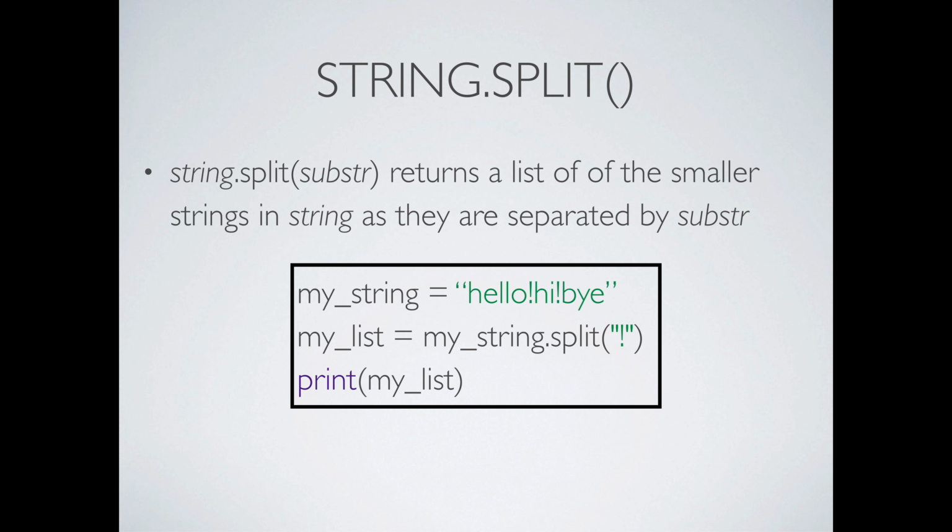Then, if you have multiple pieces of data on the same line, maybe separated by a comma, like in a comma separated value file, you will split up the line by, let's say, a comma, and then store all the essential information into a list like this, and then you can access individually the pieces of the list. So again, string.split takes a string, splits it up, and gives you a list back of all the split up strings.